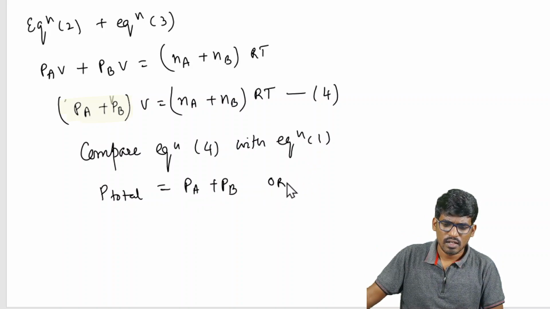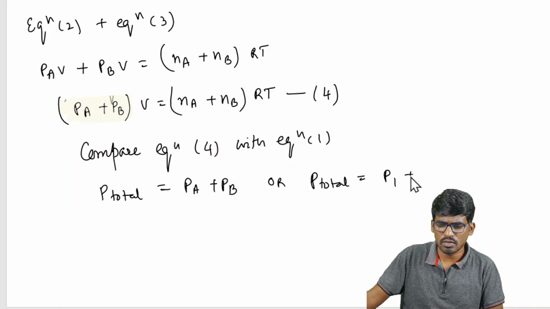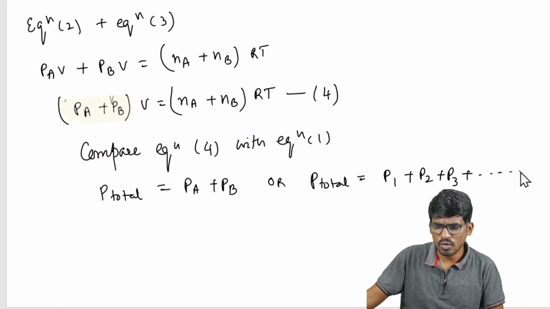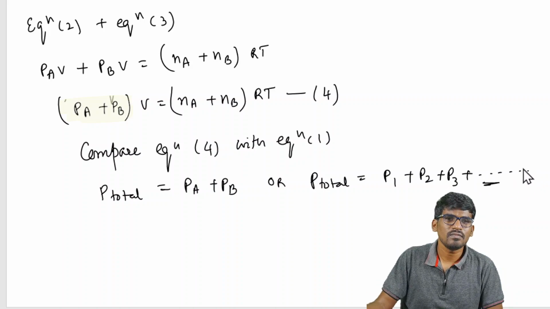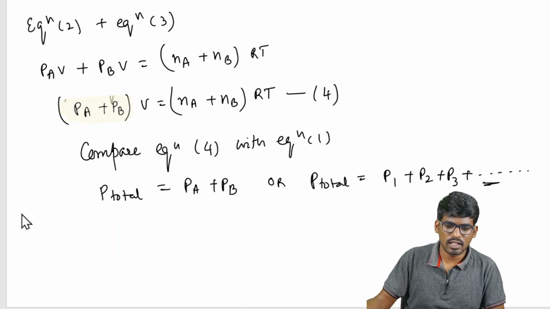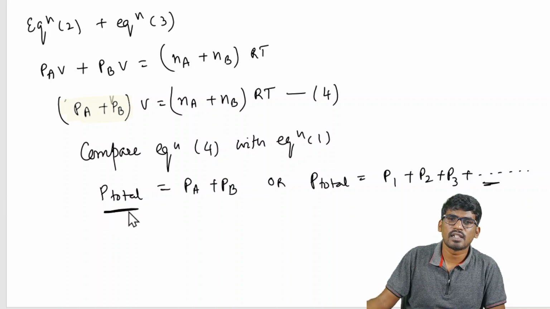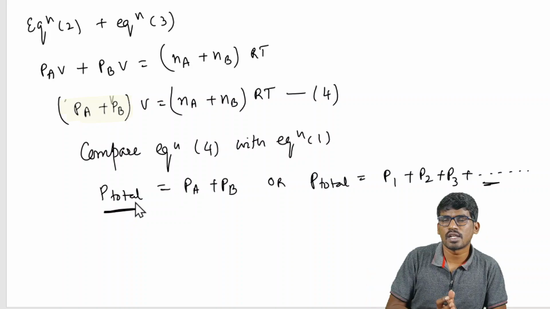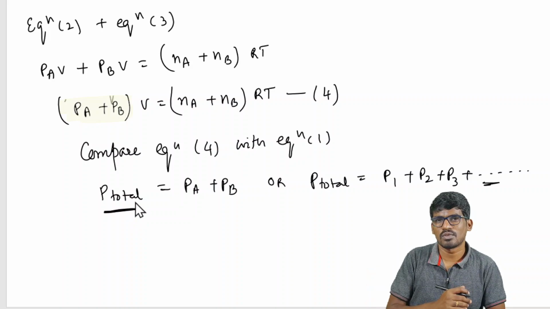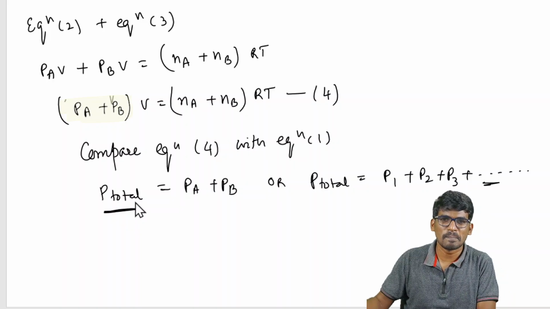That means if many gases are there, P total is equal to P1 plus P2 plus P3 and so on. In such a way we understand that the total pressure exerted by the system is equal to the sum of the partial pressures exerted by the individual gas molecules. That we can verify clearly, right?